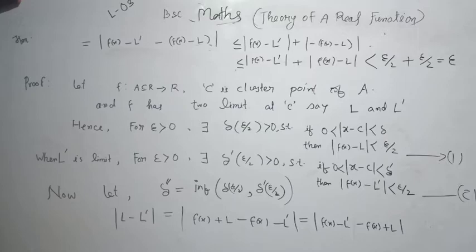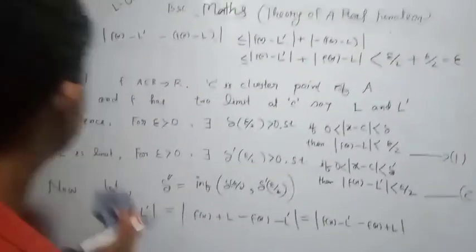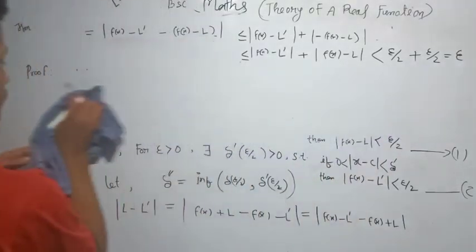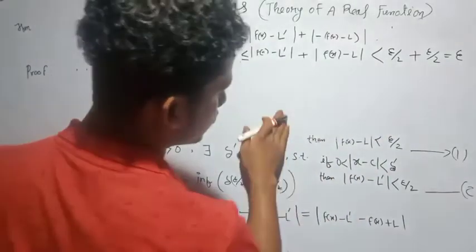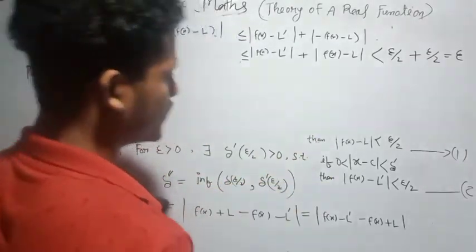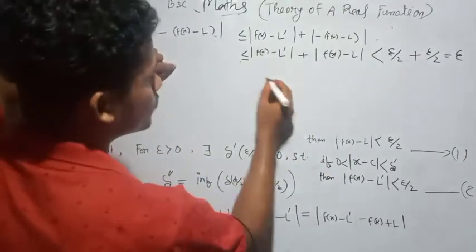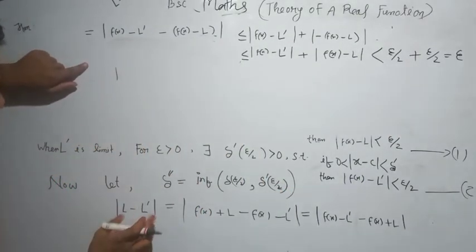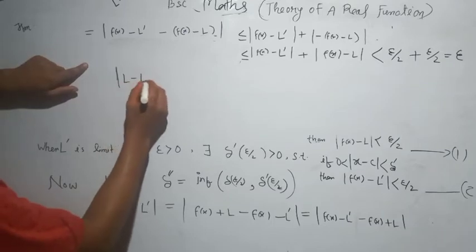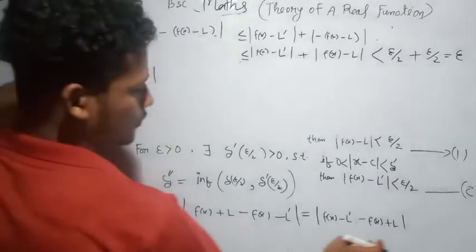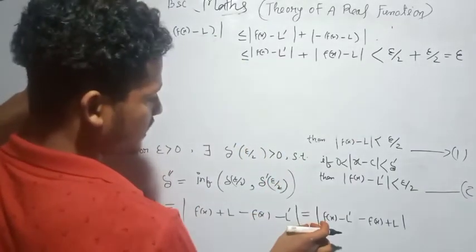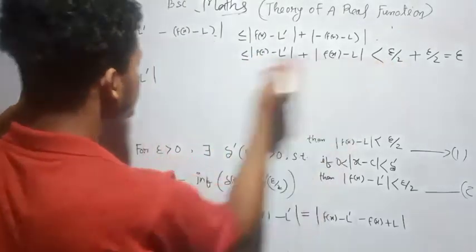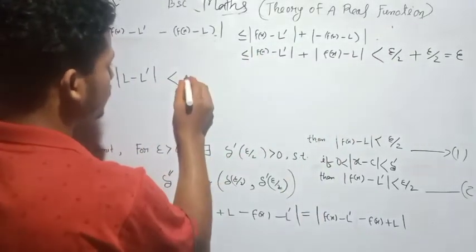What have we finally got? Starting from modulus of L minus L dash, with equal signs and less than or equal signs, finally this is less than epsilon.